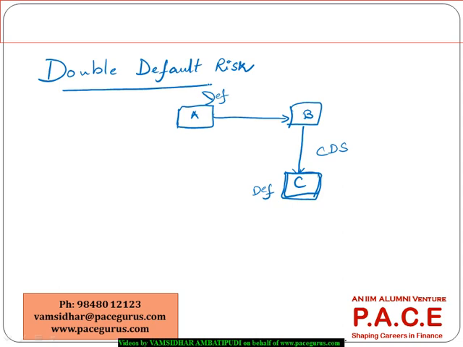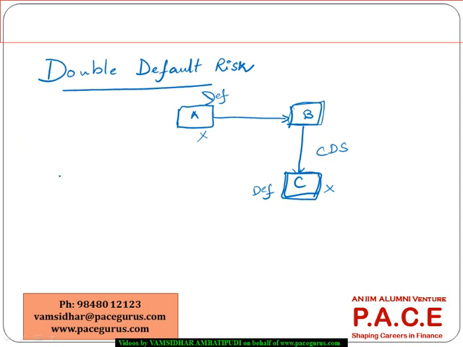So while the original borrowers have defaulted, the CDS companies also have defaulted, which has resulted in huge losses to the parties which have got more and more exposed to a double default kind of risk. So this is one major risk that we need to understand in the context of counterparty risk.